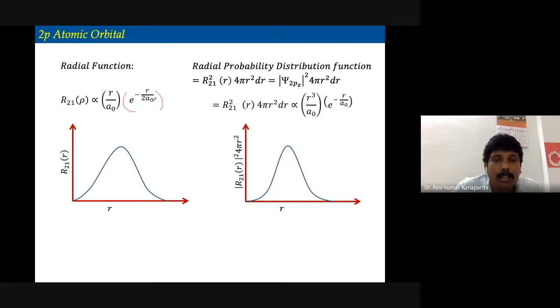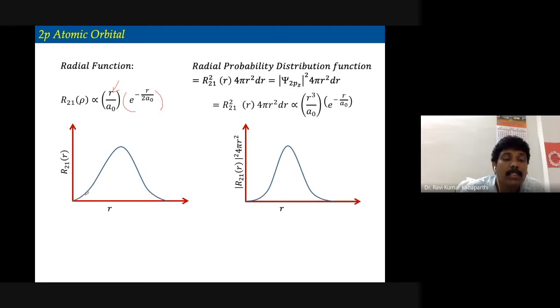How does this function behave? Suppose r is equal to 0. Then the total radial function, and in fact the total wave function, becomes 0. So at the origin it is 0, which is something you can start with.